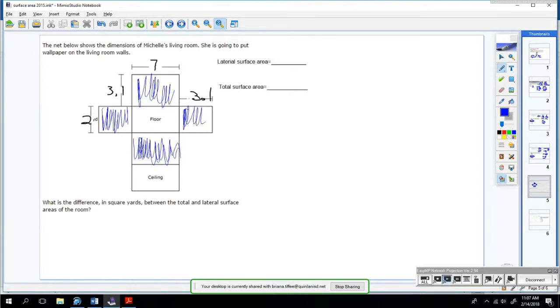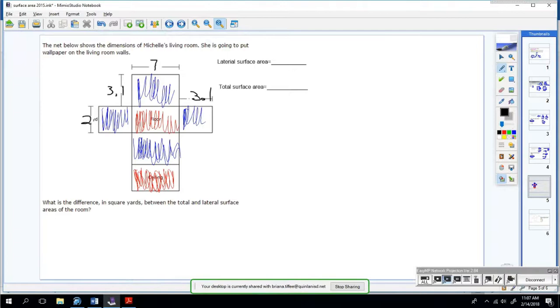And then I'm going to make the red ones, not the black, the red ones your base. And again, this is not on your notes. This is just an extra one to help you with the next problem on your notes. So the blue and the blue is the lateral, and the red is your base.